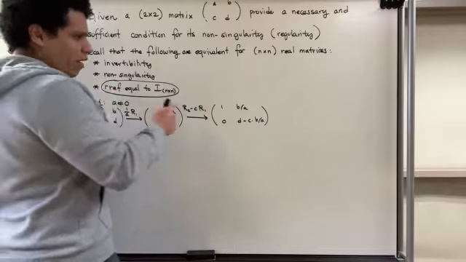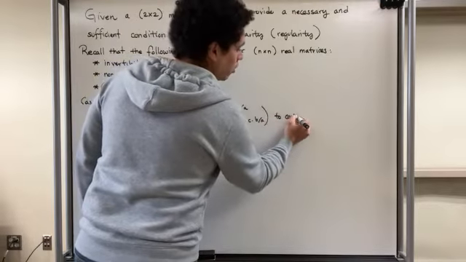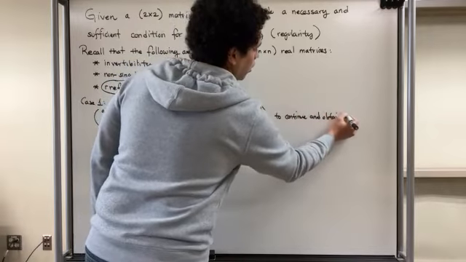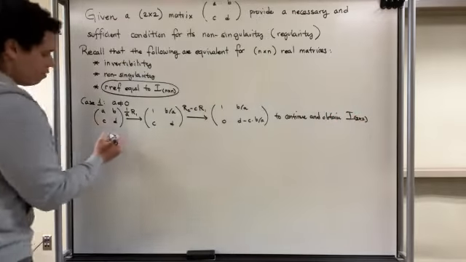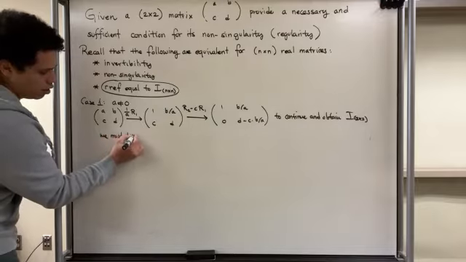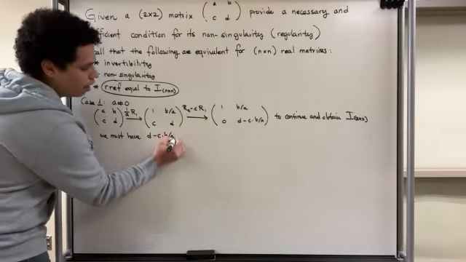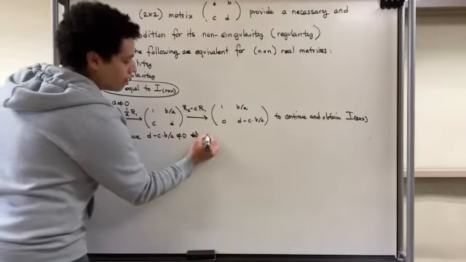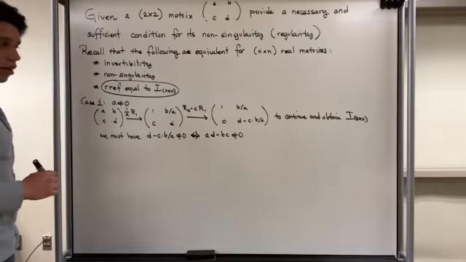So in order to continue and obtain the identity, we must have that D minus C times B over A is different from 0. Equivalently, I will have that AD minus BC is different from 0.